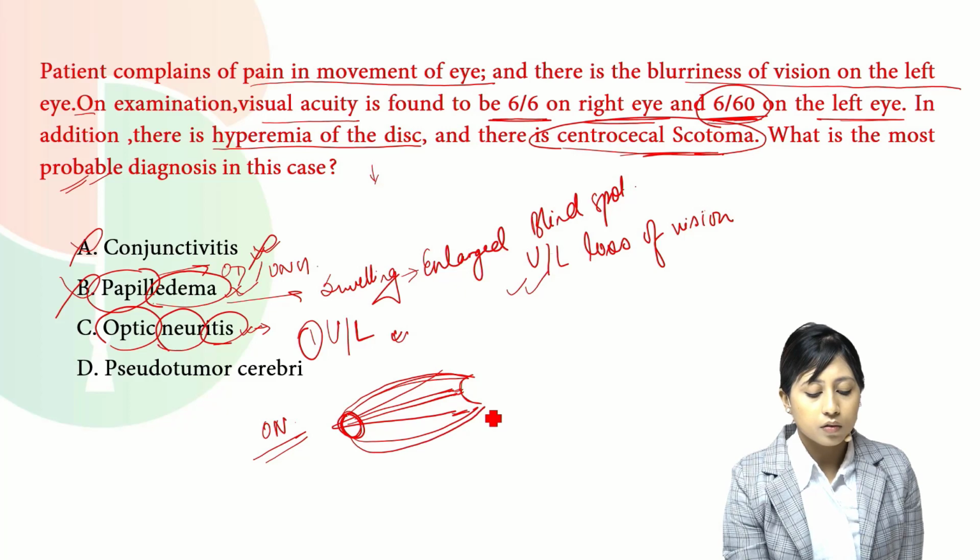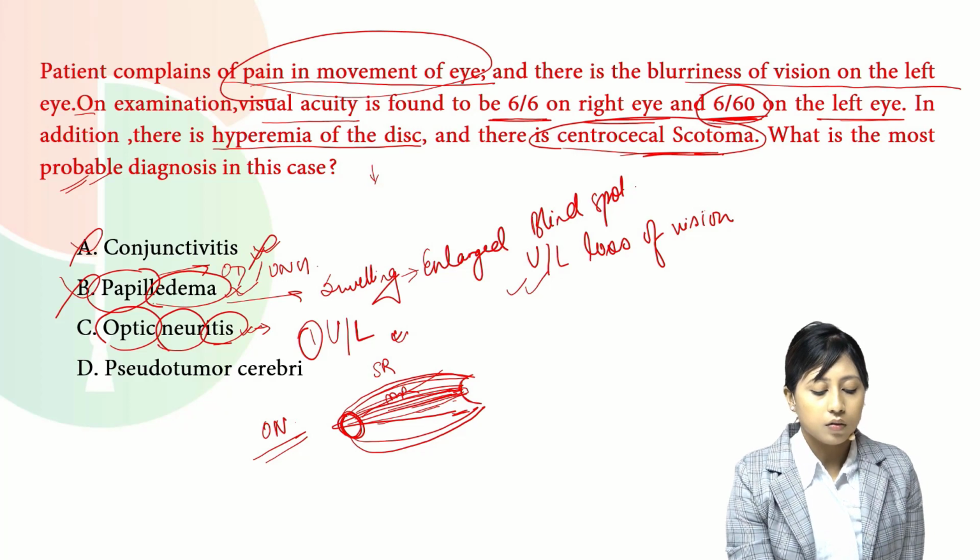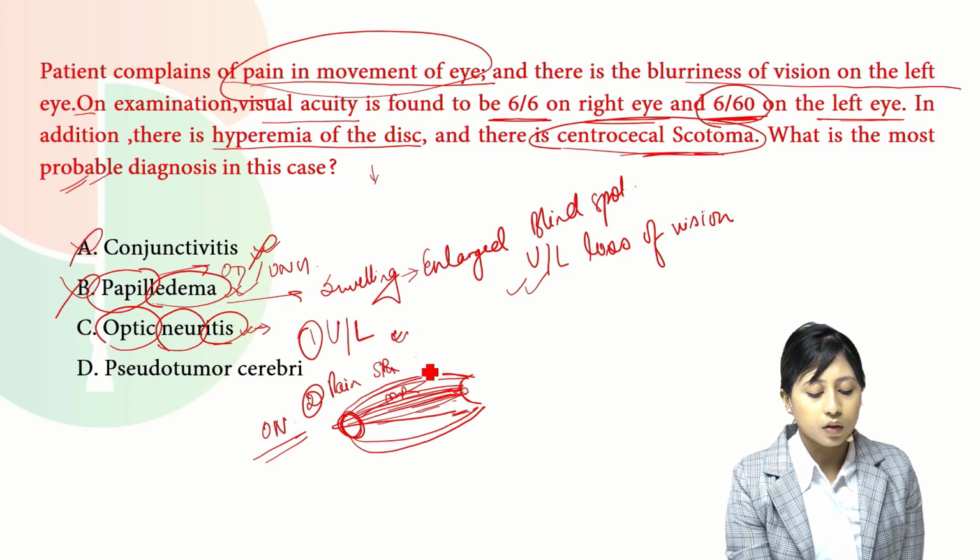So the superior rectus and medial rectus muscles, which are very close to the optic nerve, become inflamed with the inflammation of the optic nerve, so it causes pain in movement of the eye. So pain in eye movement is a feature of optic neuritis.